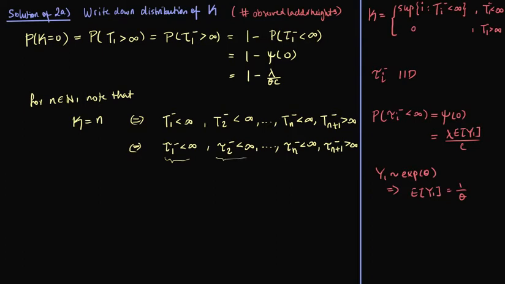So we can now write the probability of k being equal to n. That is just the probability of the first inter-ladder time being finite and the second and the third up until the nth.